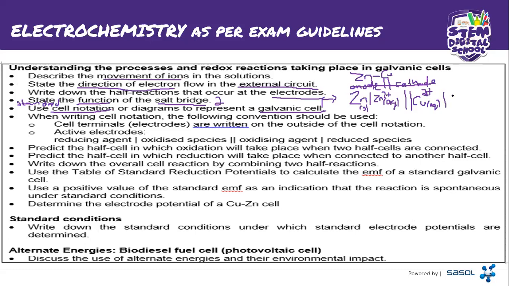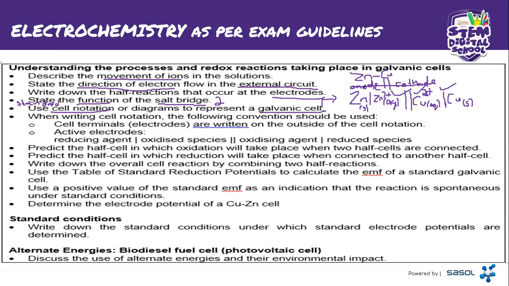They gained electrons and you formed a copper metal around the electrode, which was now in a solid form. That is why we also have another line of phase change, because we went from aqueous to solid altogether. So this alone gives you 3 marks.